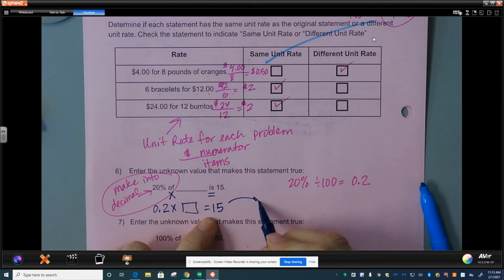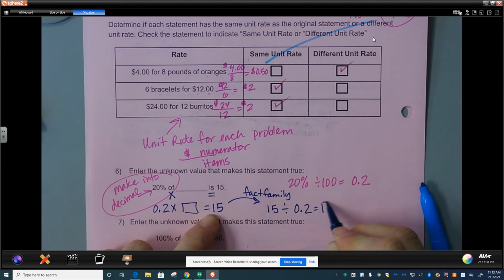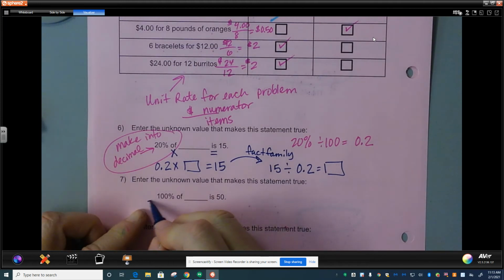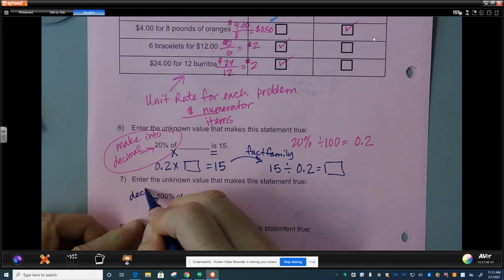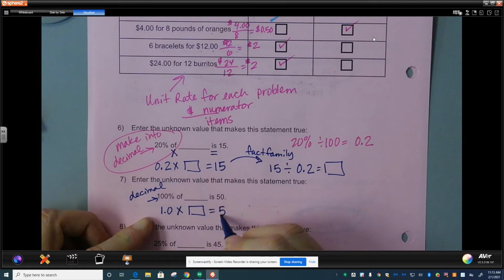If I rewrite that using my fact family, it becomes 15 divided by 0.2 equals empty box. So you're going to then do that on the calculator. So same idea, make a decimal. So it's 1.0 times empty box equals 50.